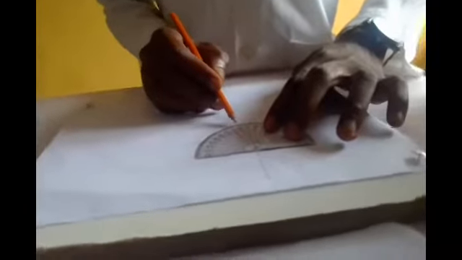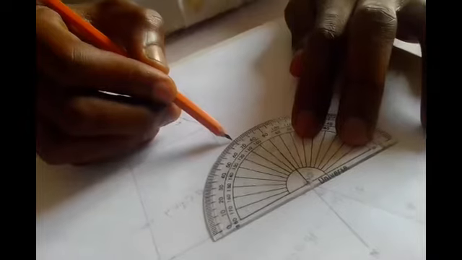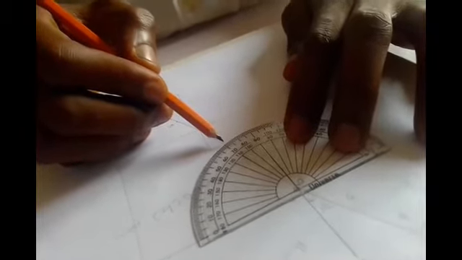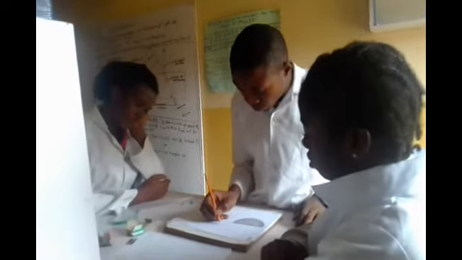Now, if you look through here, this is my 90, this is 10, but this one is not exactly at 20, so it stays between 19 and 20. So that is 19.5, because it's the middle way. It's very close. It stays between 19 and 20. So this our r is equal to 19.5 degrees.